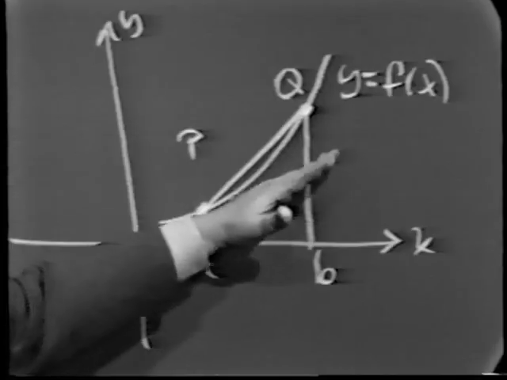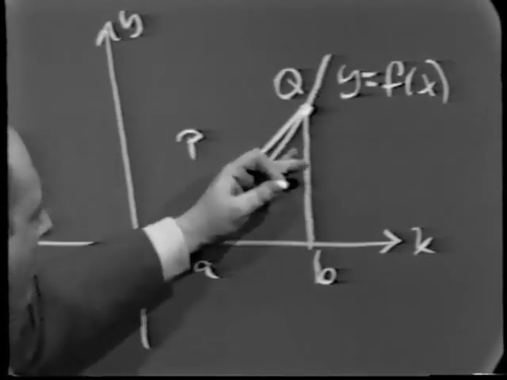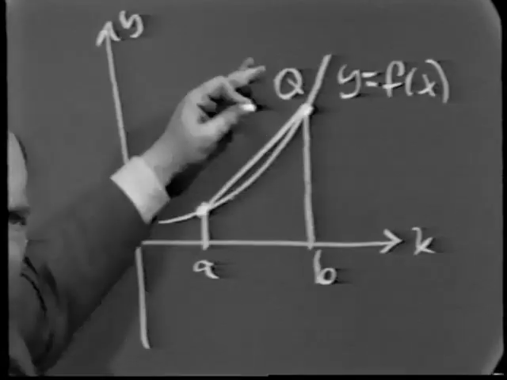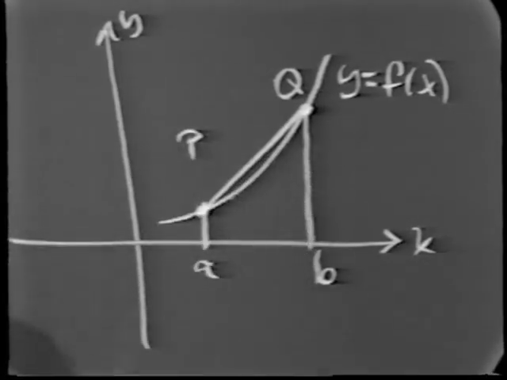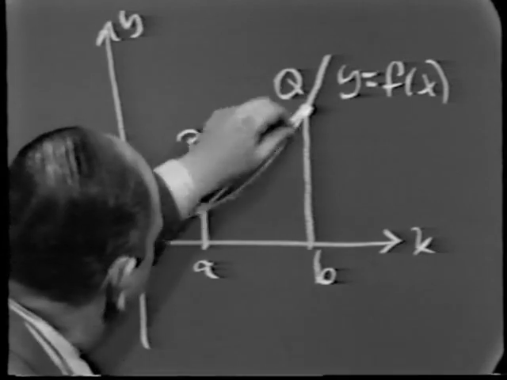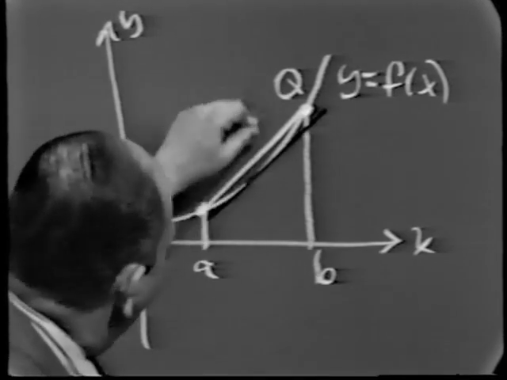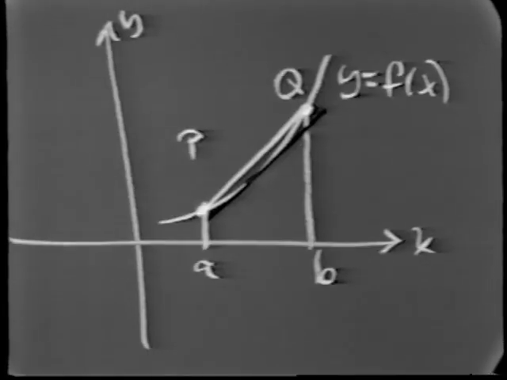Ultimately, the line will fail to intersect the curve, and at the transition point, if the curve is smooth, the last point at which that line touches the curve as we move it out, the line will be tangent to the curve at that particular point. That's all we're saying: that someplace between here and here, there must be a point where the tangent line to the curve is parallel to the chord PQ.